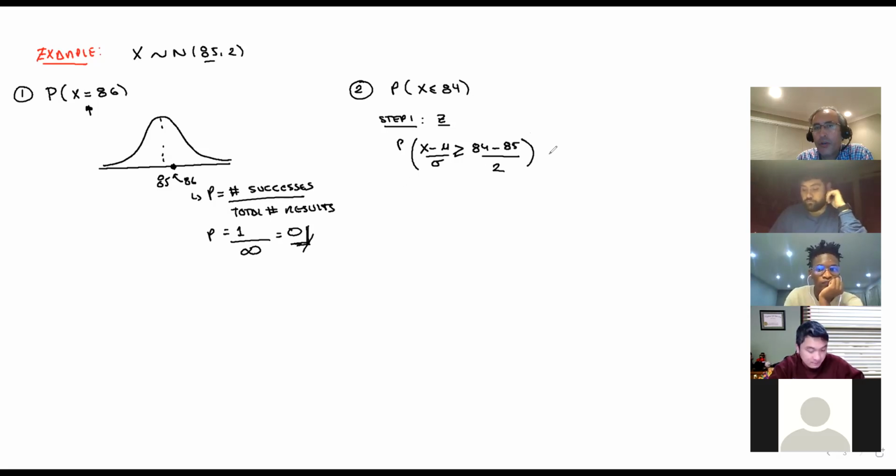So this is going to be equal to the probability of Z, because this is Z, smaller than or equal to, this is -1, minus 0.5. You agree with me, guys? Please, first follow me, and then you're going to have time to copy and more exercises. Okay, once I have the Z, my step 2 is going to be graph.